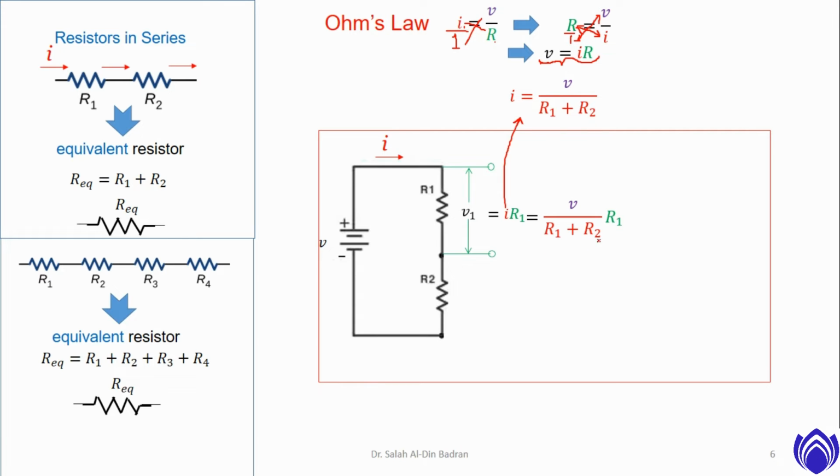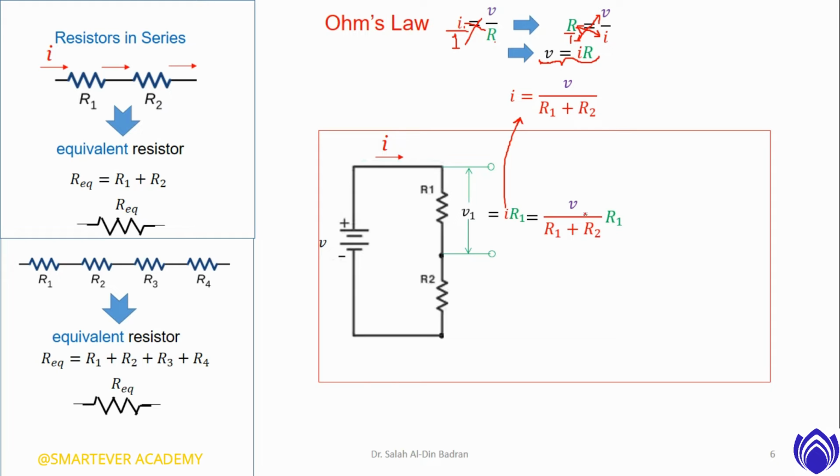What is the benefit of this formula? You see here, we can find the voltage of one of the resistors that are connected in series. If we have only two resistors in series, we can find the voltage of one of them without the need of the current.